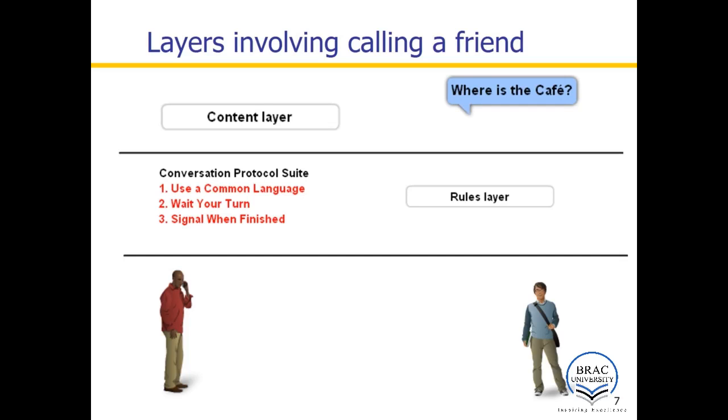And the last rule is wait till the signal is finished. So basically, if we are talking in a call or we are using a mobile phone, we need to wait till the phone is disconnected. So these are basically the rules that we have in this communication.